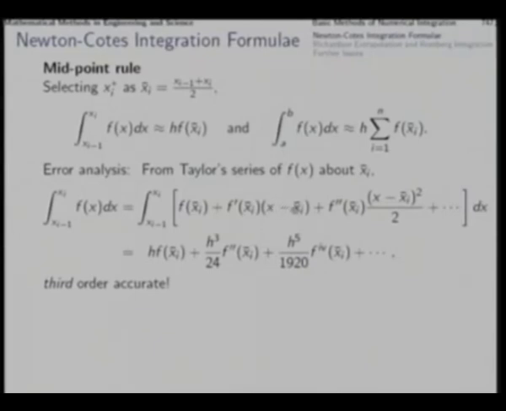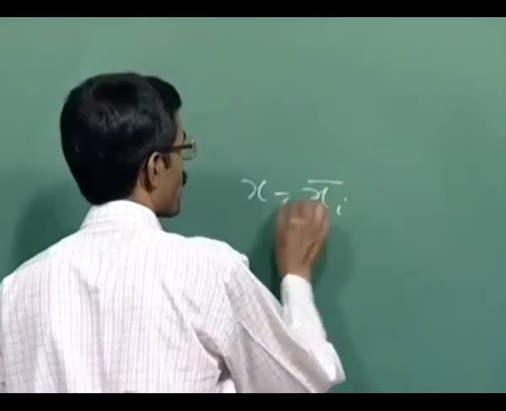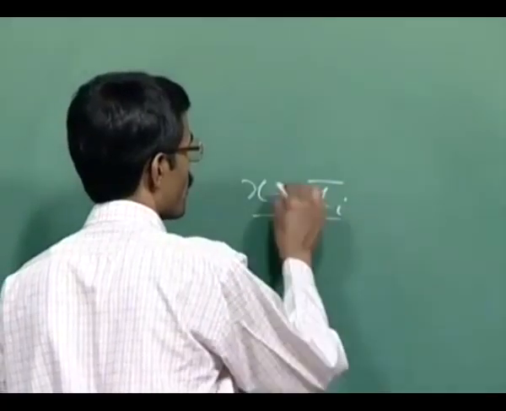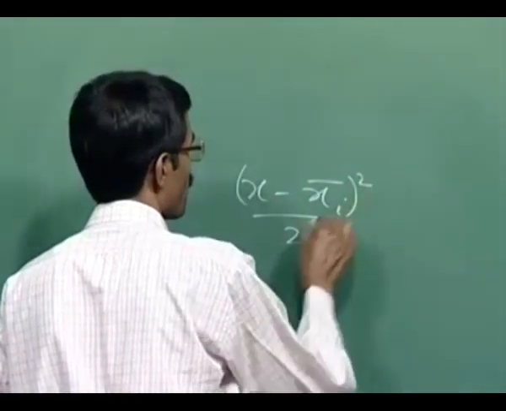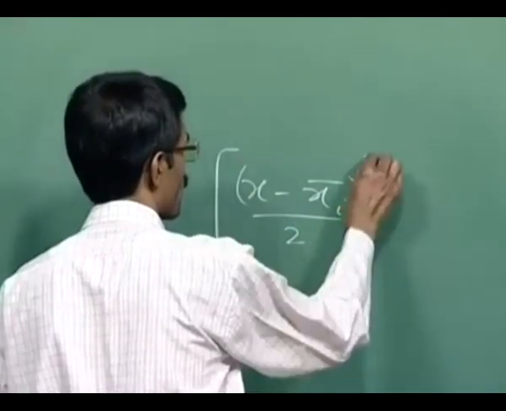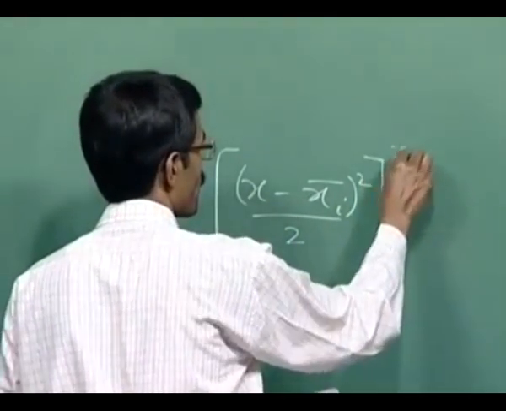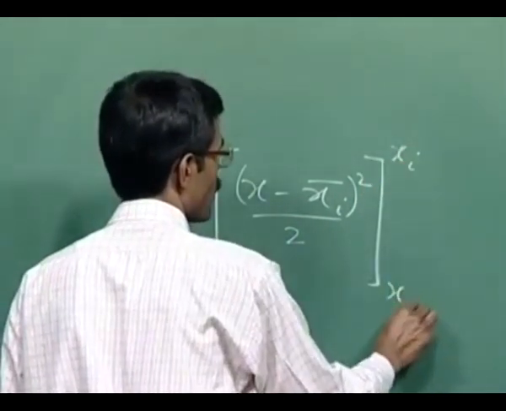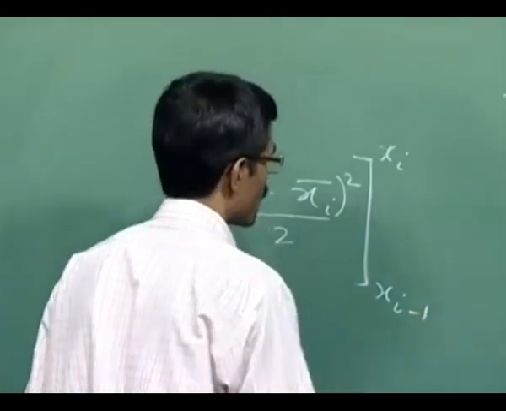Now, when we evaluate the square at this and this, in both cases we will get the same value. That means, (x minus x_i bar) whole square by 2. Now, this is x_i and this is x_{i-1}, right.